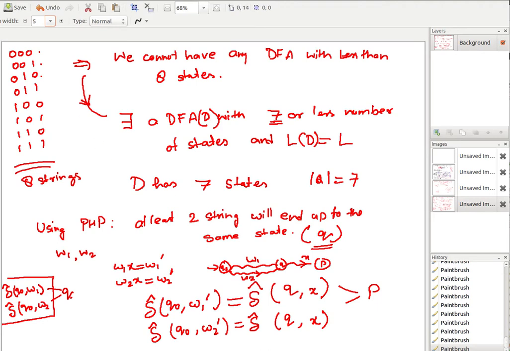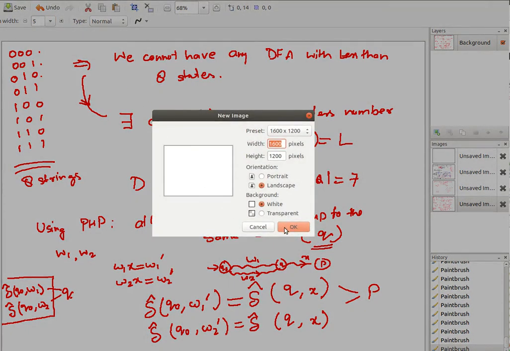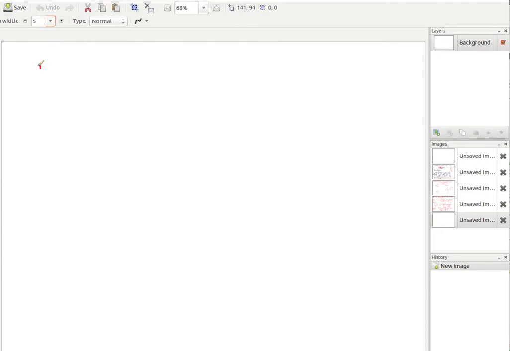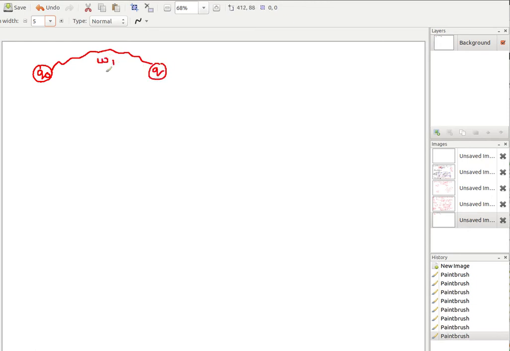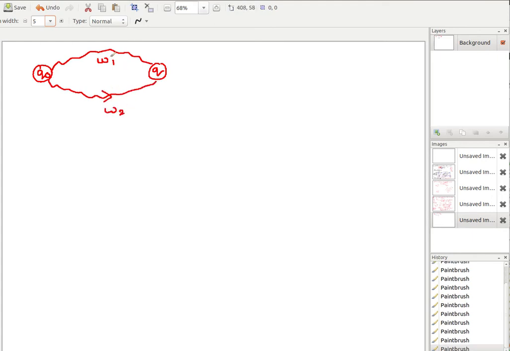So let's open a new diagram just to understand. You started with Q0, using one path you ended up in Q using the string W1. Similarly, using some other path you ended up in Q using W2.